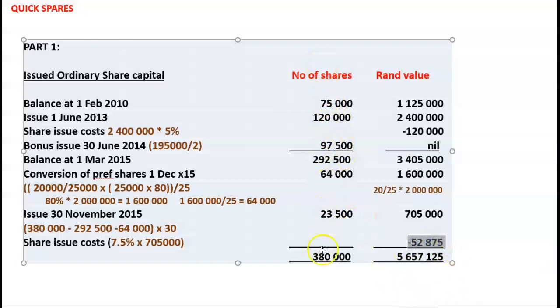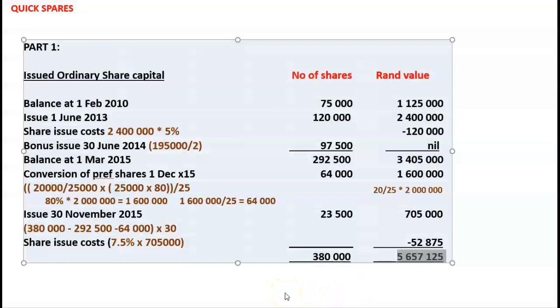So the number of shares issued by the end of the year was 380,000 ordinary shares. The Rand value of those shares was 5,657,125.